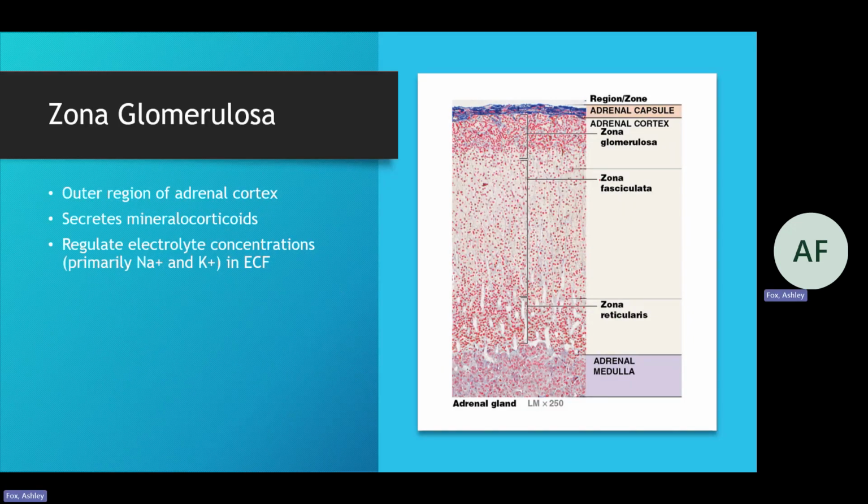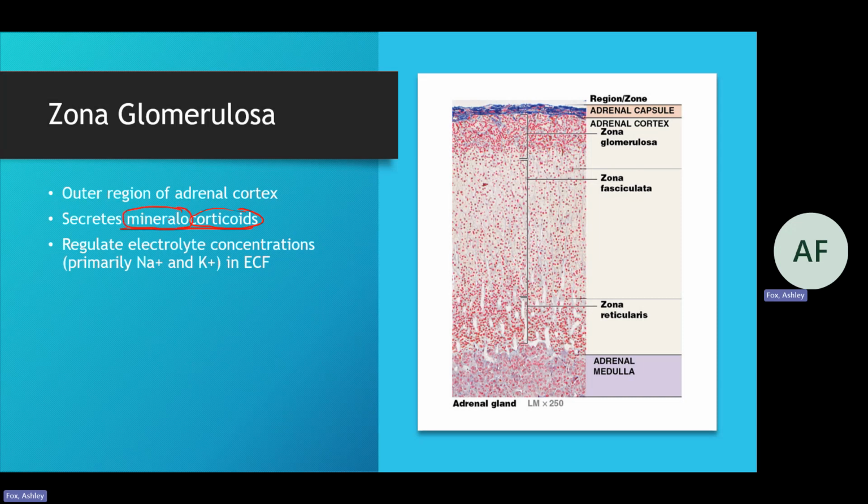So first, going layer to layer, the first outer layer, the top layer, most superficial, is going to be zona glomerulosa. The glomerulosa is going to secrete a corticosteroid called the mineralocorticoids. It's still a corticosteroid, that's the corticoid part, but the minerals.